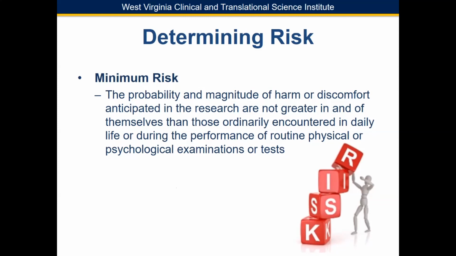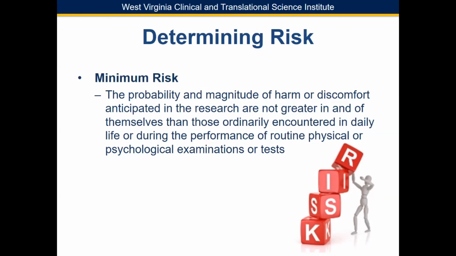So next thing we need to look at is determining the risk. We're going to look at minimum, low, moderate, and high risk. Minimum risk is where the probability and magnitude of harm or discomfort anticipated in the research are not greater in or of themselves than those ordinarily encountered in daily life or during the performance of routine physical or psychological examinations or tests.